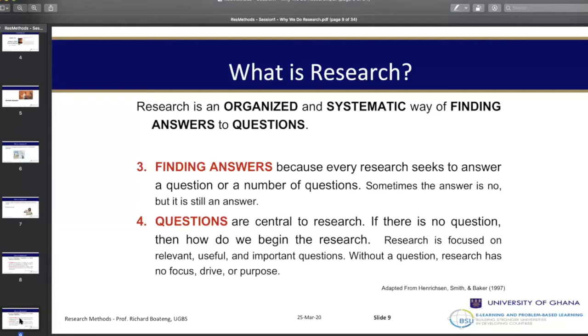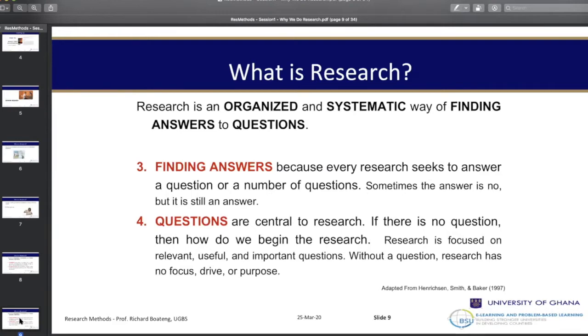You and I can be interested in researching, let's say, financial loss in the state, but we may all have different questions that we are asking. Somebody may ask, what are the lapses in the policy that enhance financial loss in the state? Somebody may also be asking a different question, what are the socioeconomic factors that create an environment to facilitate financial loss in the state?